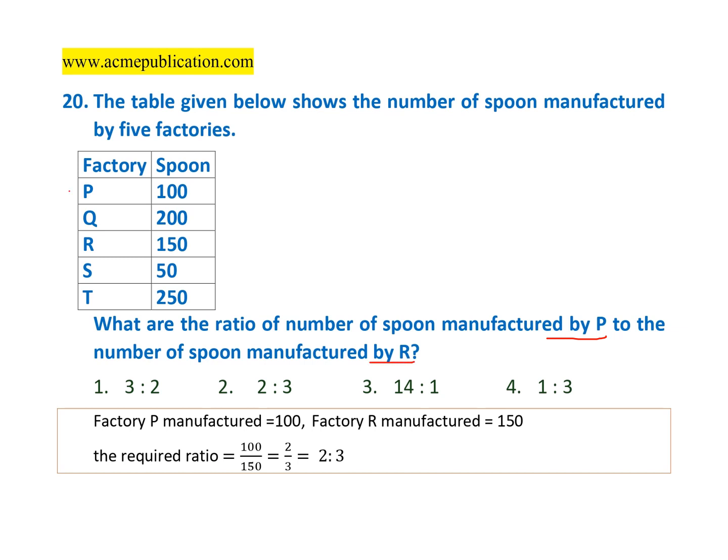According to question, number of spoons manufactured by P is 100 and number of spoons manufactured by R is 150. So the ratio of these two will be 100 upon 150, that is equal to 2 upon 3.